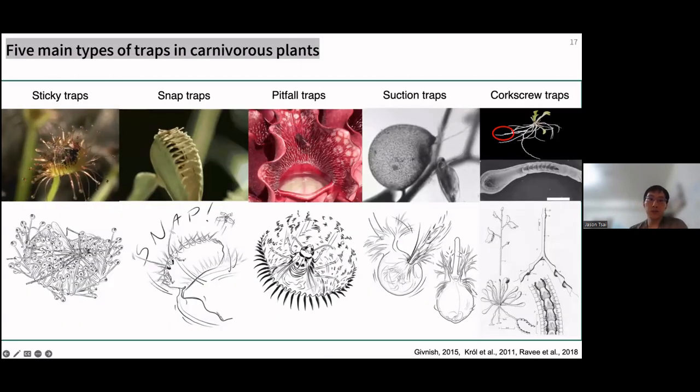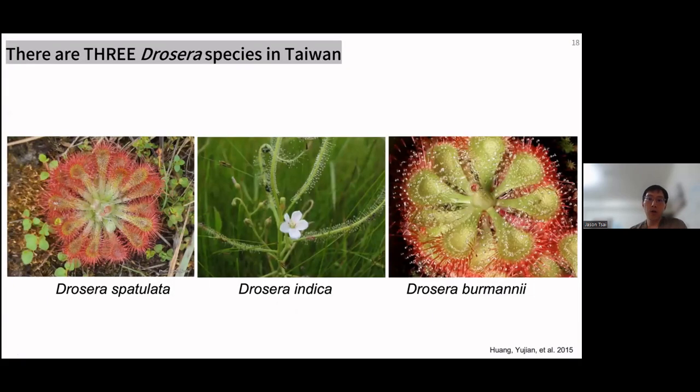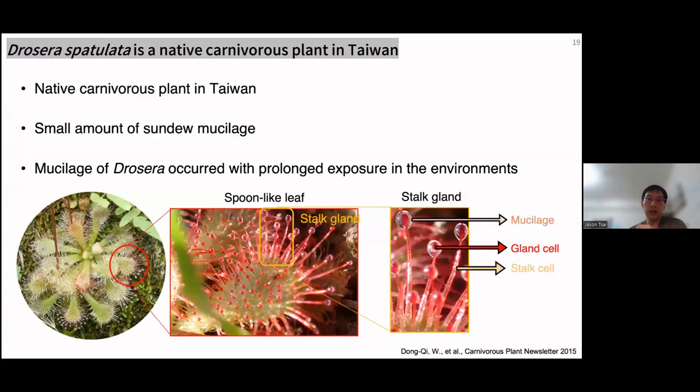Since then, carnivorous plants have always been of broad interest and are categorized by their trap mechanisms. Taiwan is home to 3 native Drosera species. Drosera spatulata, in particular, is distributed in northern Taiwan and has mucilage secreted by stalked glands, which traps and digests prey.